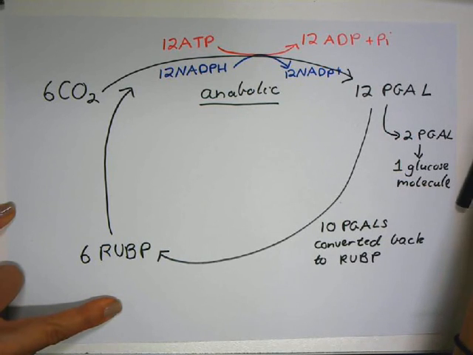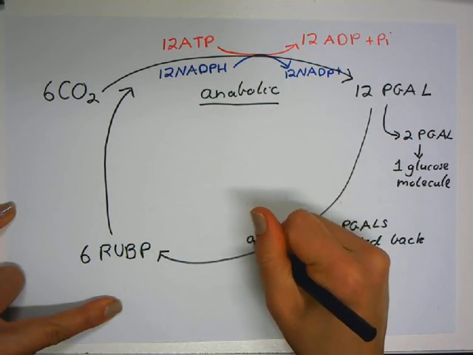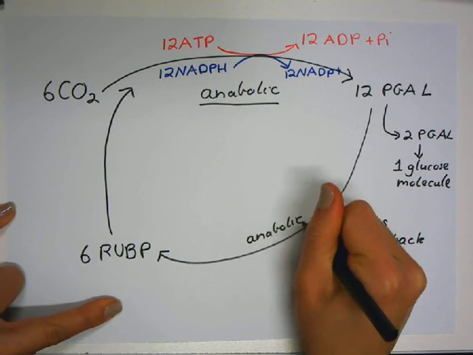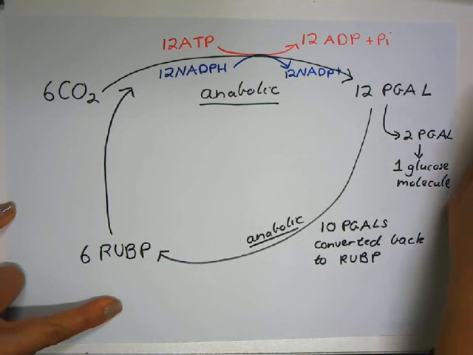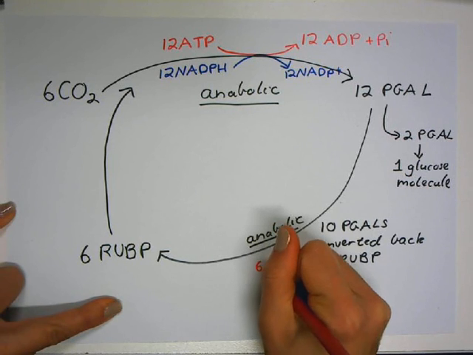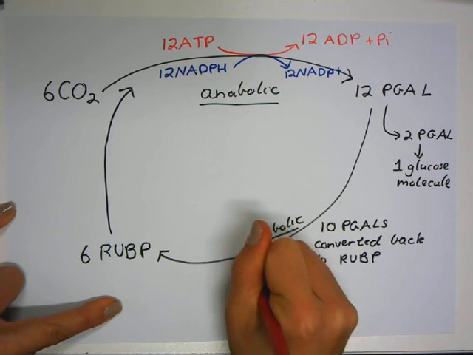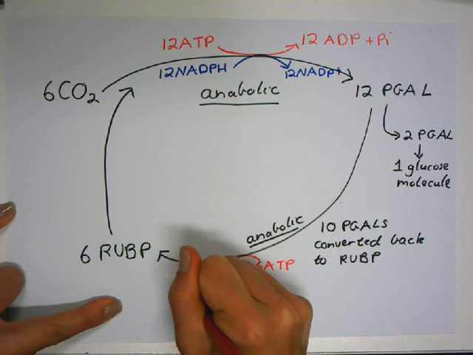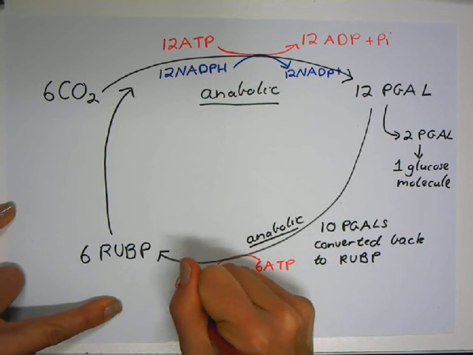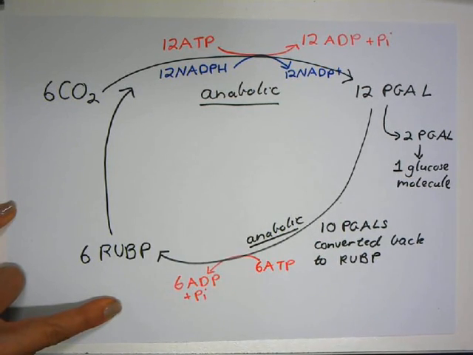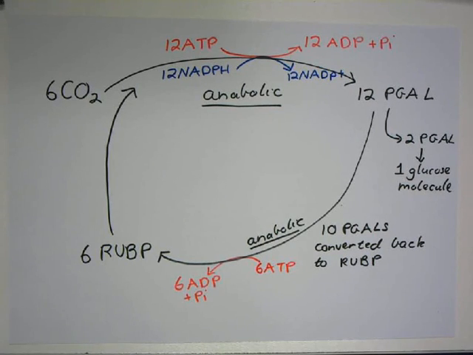Now this needs energy because again it's an anabolic reaction. So again we need ATP, 6 molecules of ATP, and these will get converted to 6 molecules of ADP plus Pi.